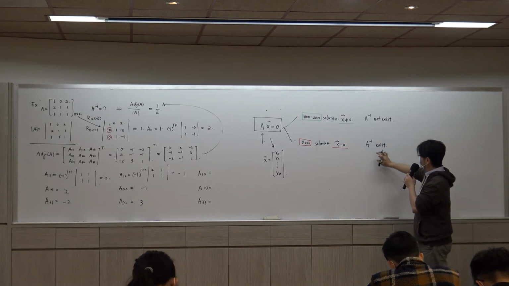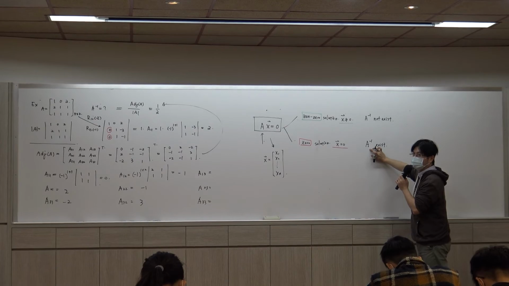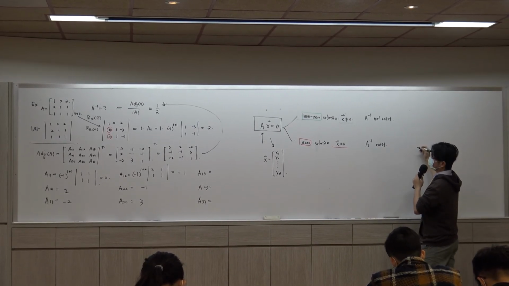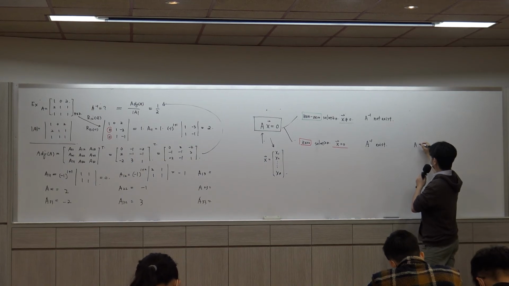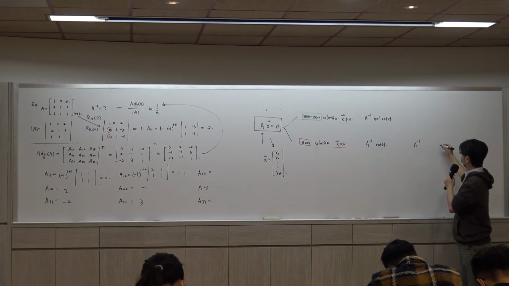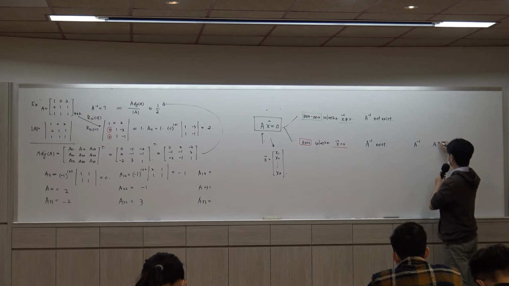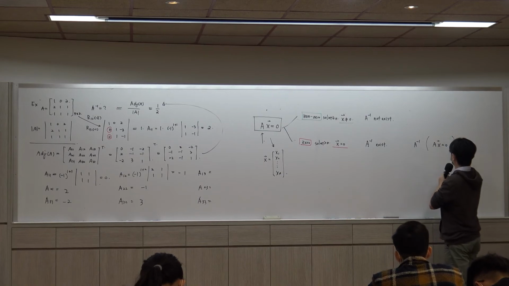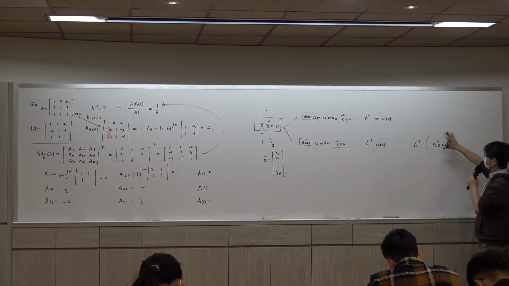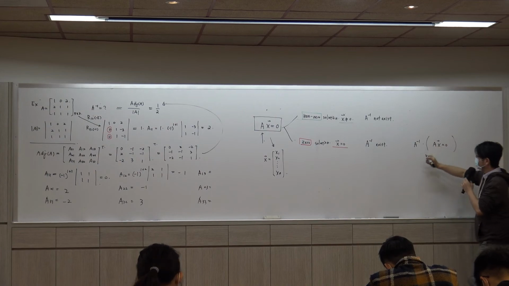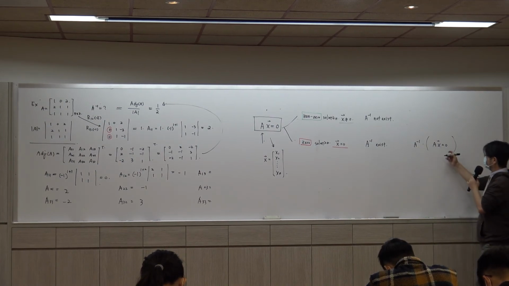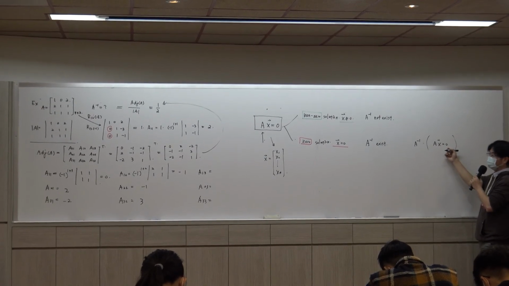So you can imagine if the inverse matrix exists, for the equation we can multiply both sides by this term. Anything times 0 equals 0, right?